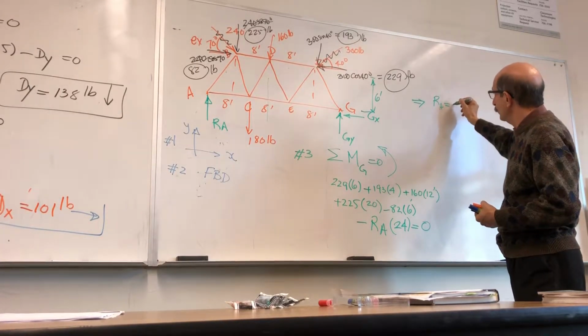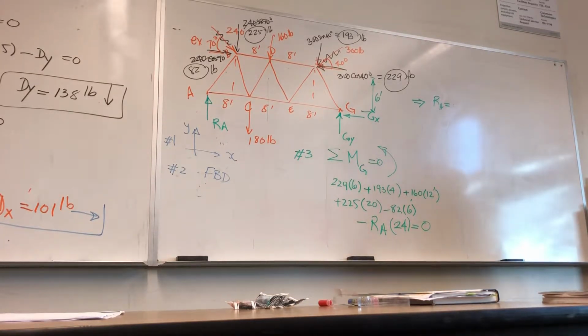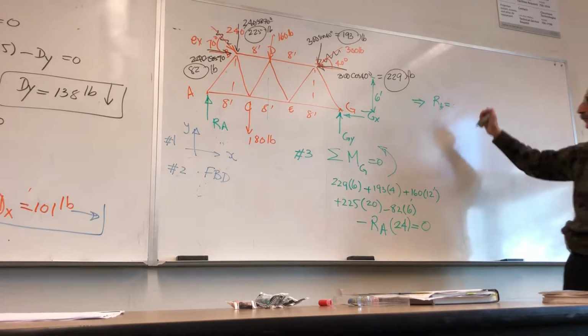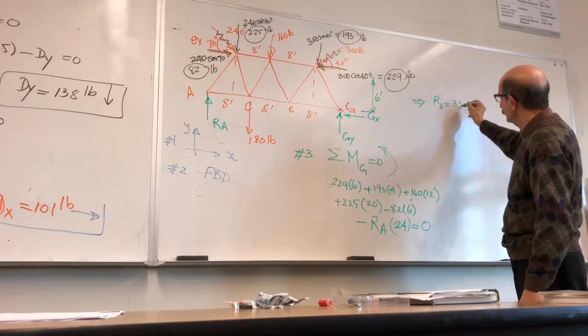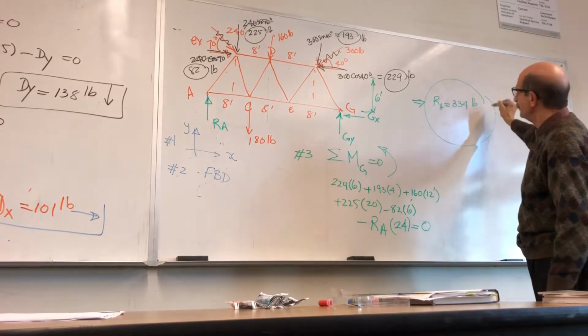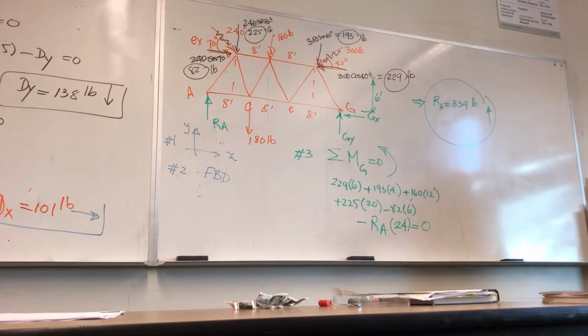Negative 336. It comes out to be negative. I doubt it. Because these are all positive, this guy is negative, it cannot be negative. So it comes out to be 334. At least based on my assumptions for those directions, they don't come out to be negative.